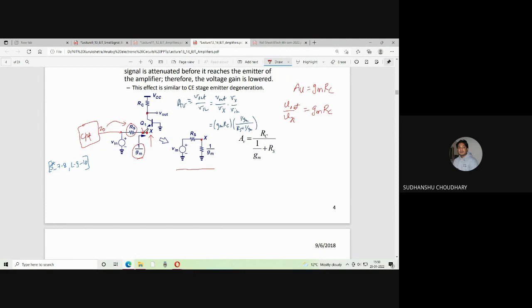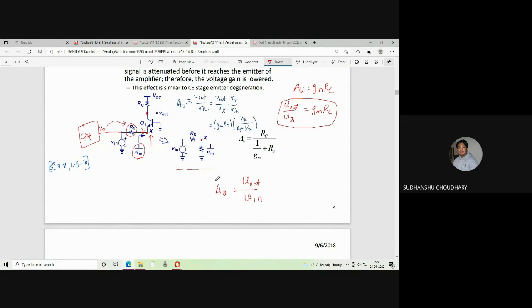But we have to find out Vout by Vin, which is the total gain of this circuit with the source resistor and input. Otherwise, Vout by Vx is gm Rc.